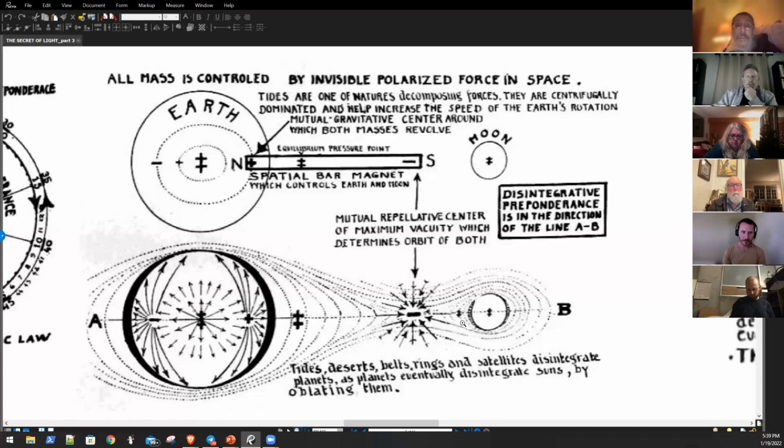And each one of these are putting out these forces at the same time. And in between, we have this negative and positive.